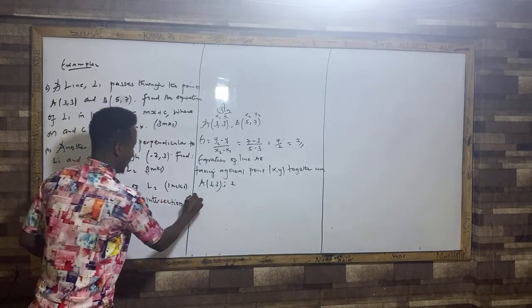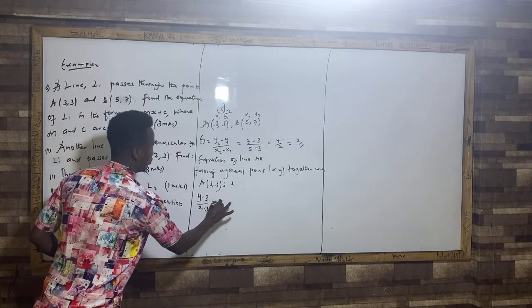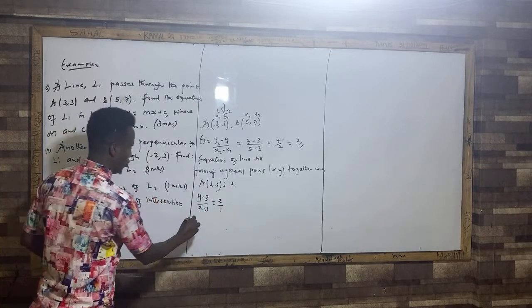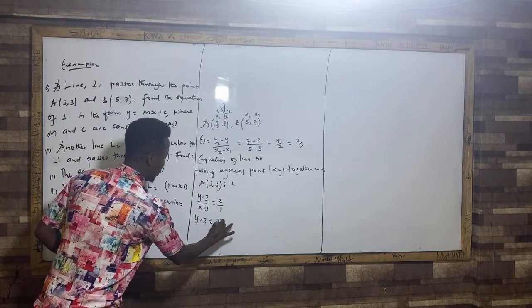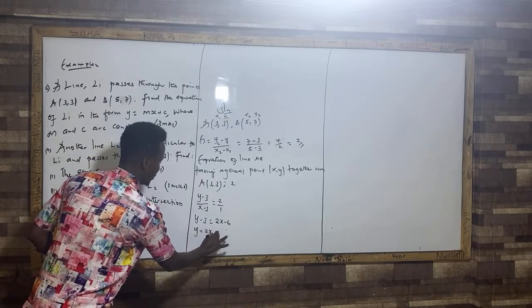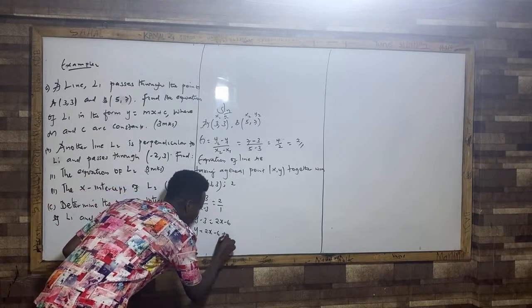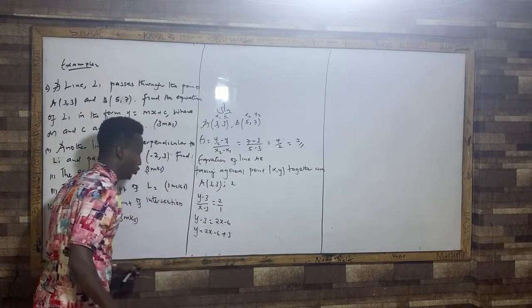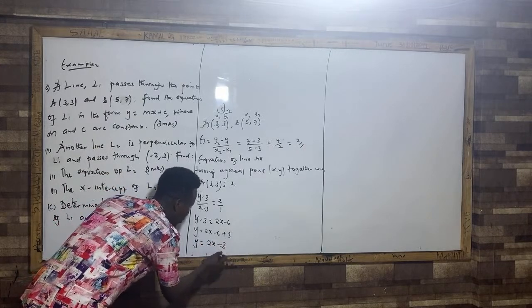So (y minus 3) over (x minus 3) is equal to 2 over 1. You cross multiply: y minus 3 is equal to 2x minus 6. So y is equal to 2x minus 6 plus 3, because this is negative, on the other side it will be positive. So y is equal to 2x minus 3.